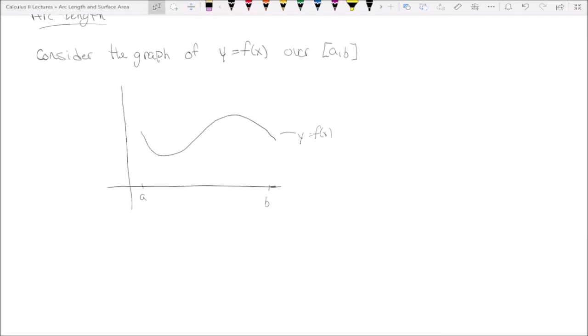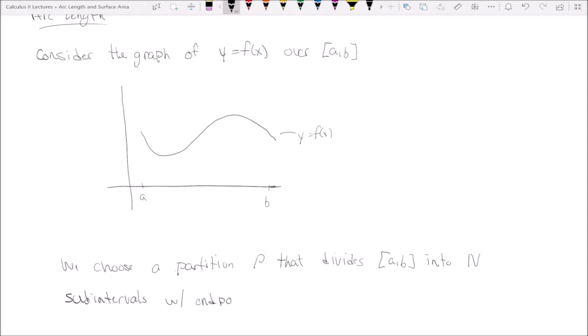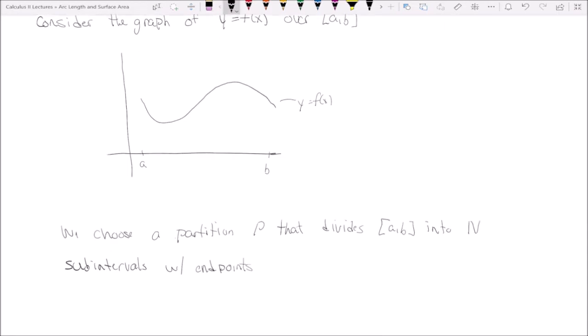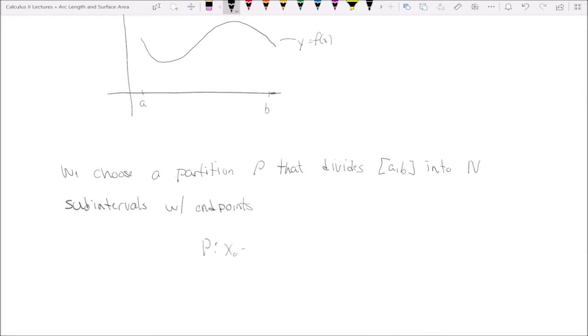So first what we do is we choose a partition, call it P, that will divide our interval AB into n subintervals, with n points given by x naught equals a, which has to be less than x1, less than x2, less than so on and so forth, less than xn, which is b.